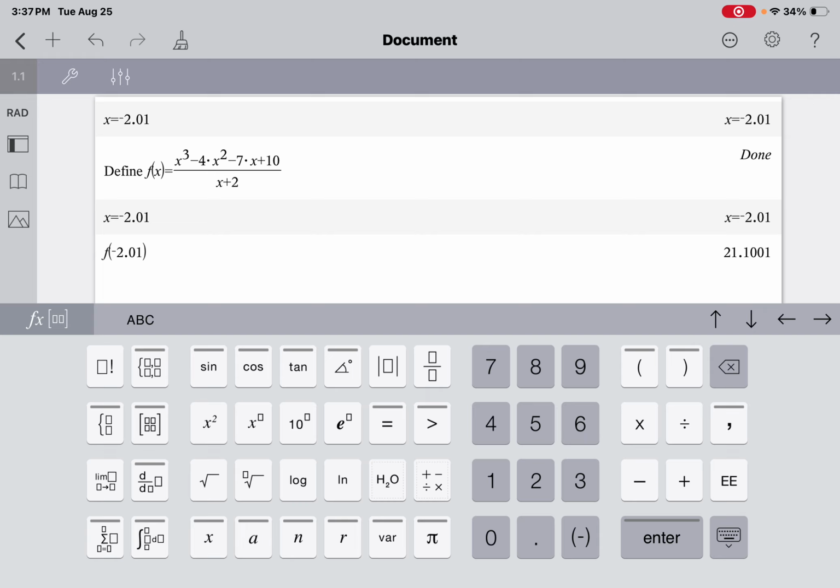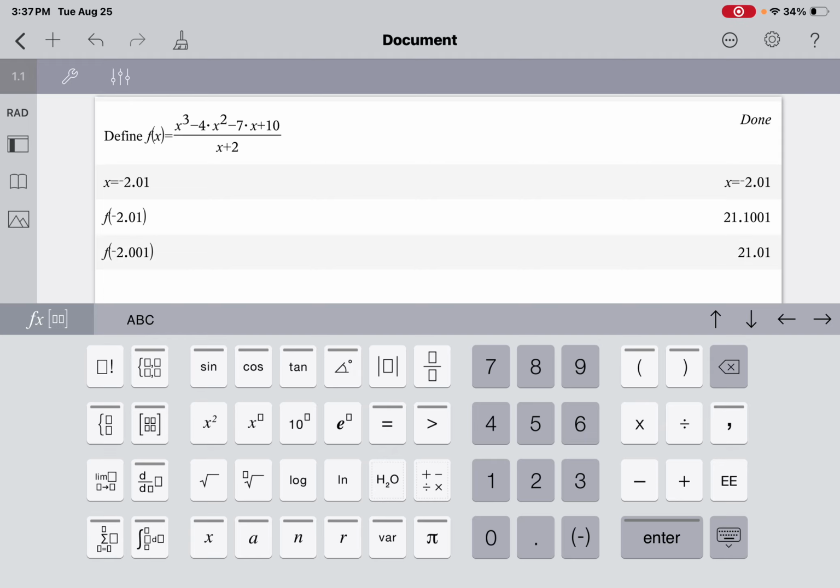Notice that when I plugged in negative 2.01, I got this value. I can do that again. I'll copy that, paste it again, and now put in negative 1.99.